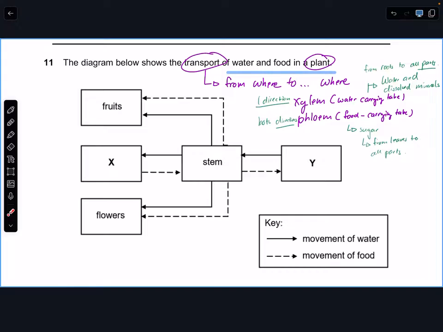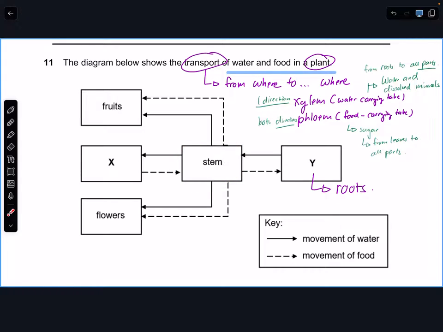You will take note that it originated from Y. Because this one carries water, this has to be my roots. You check that it is one direction, correct, and it passes through your stem.